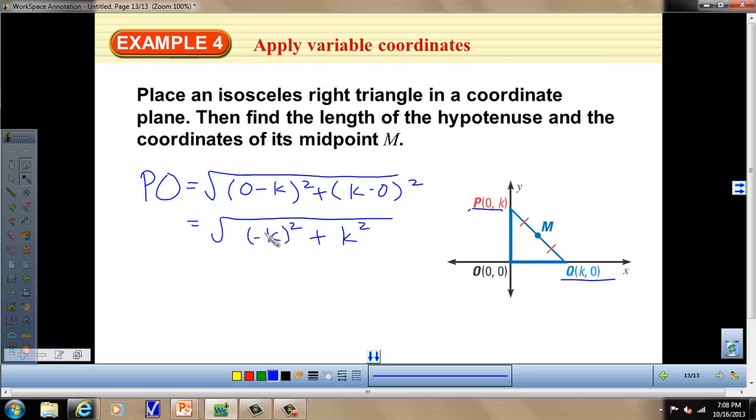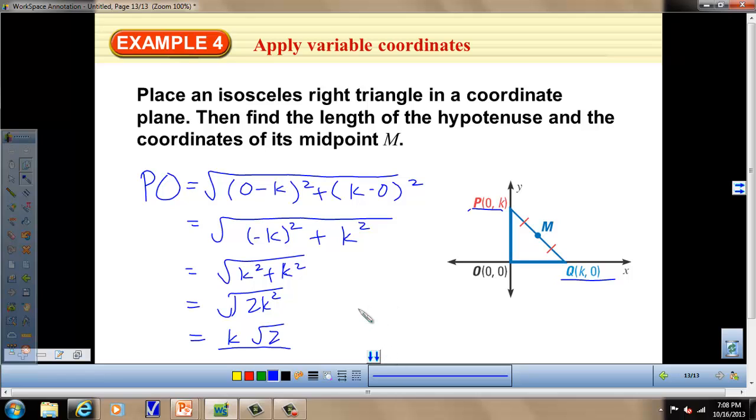Remember, when we do negative k times negative k, we get k squared, plus k squared. We have 2 k squareds there, so this is actually 2k squared. And if we take the square root, the k will come out as k, and we'll have the square root left behind for square root of 2. So the length of PO is k rad 2.